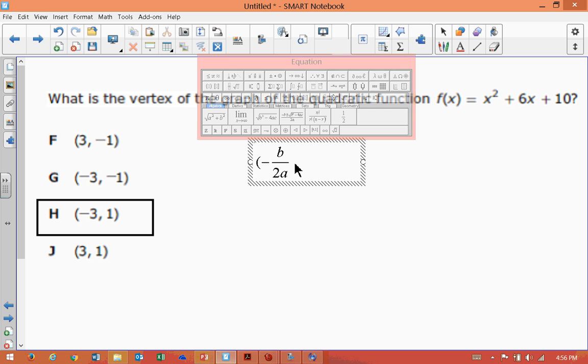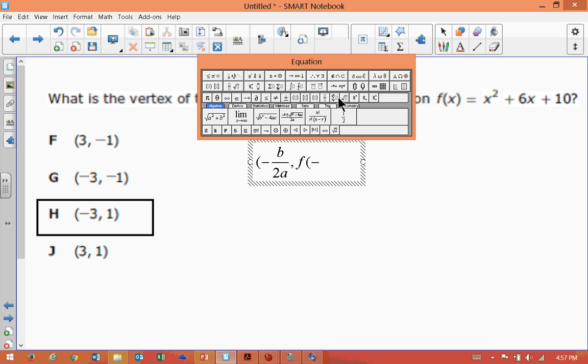That's going to be your x value, and your y value is f of that same x value. So you take whatever you got for x and plug it into the function for y.